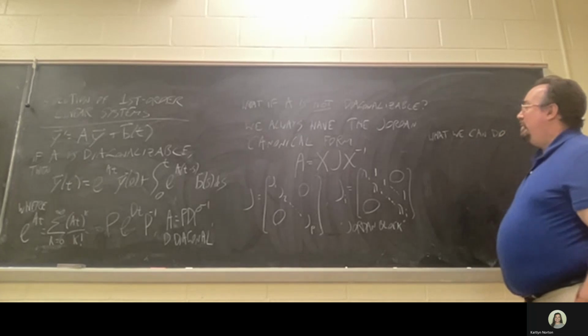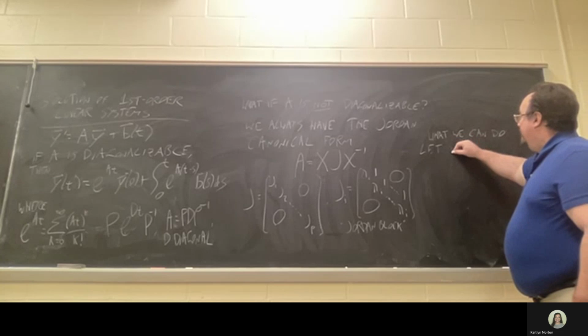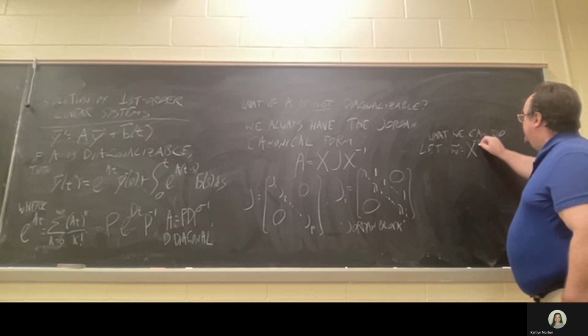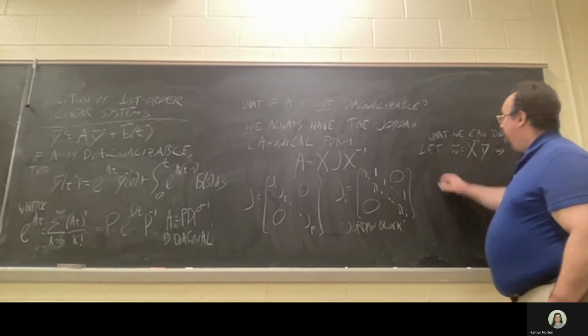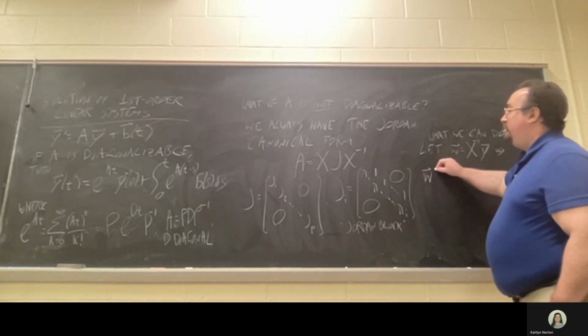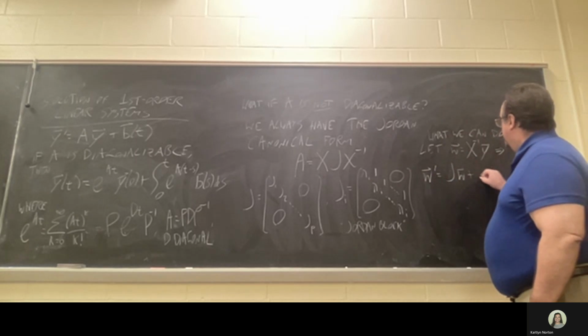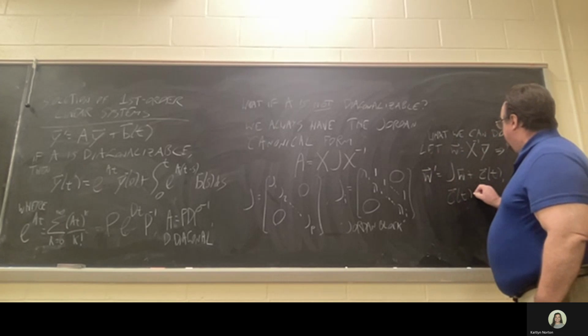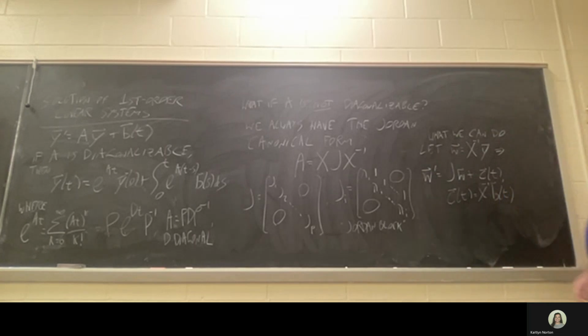Okay. So if I define a change of variable, just like last time, W is equal to X inverse Y, then my original system of ODEs becomes W prime is equal to JW plus the source term C of t, where C of t is equal to X inverse b of t.